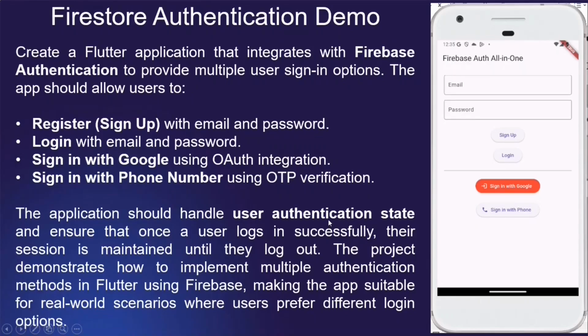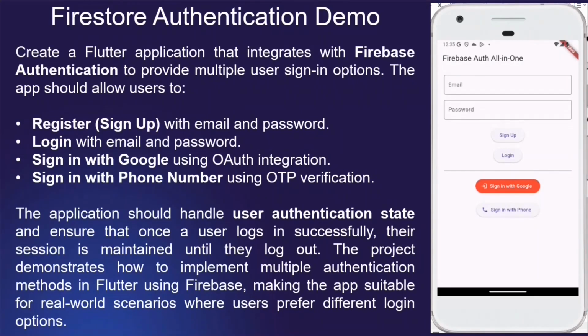These applications handle user authentication state and ensure that once a user logs in successfully, their session is maintained until they log out. It also demonstrates how to implement multiple authentication methods in Flutter using Firebase, making the app suitable for real world scenarios where users prefer different login options.